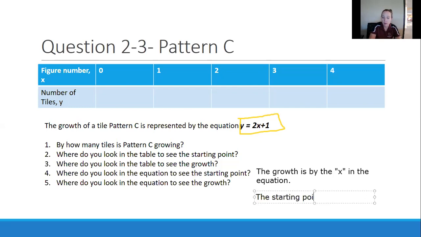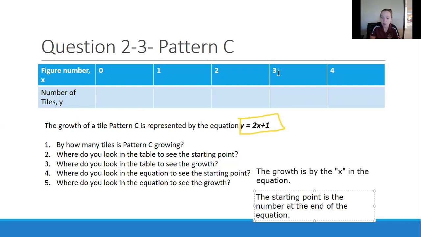The starting point in the equation is the number at the end of the equation. You want to write something like that, okay? So you're going to have to find where is the growth and where is the starting point on all of these. All right, let me erase here, okay? So make sure you've paused the video here and you have written down that the starting point is that number at the end and the growth is the number right next to the x, okay?